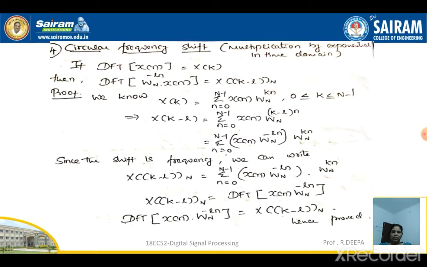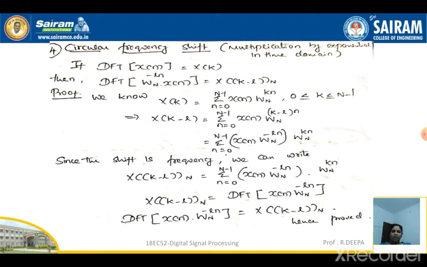Taking the right hand side and left hand side on the other sides, we can rearrange and write that the DFT of x of n into W_N power of minus ln is equal to capital X of k minus l with circular shift N.